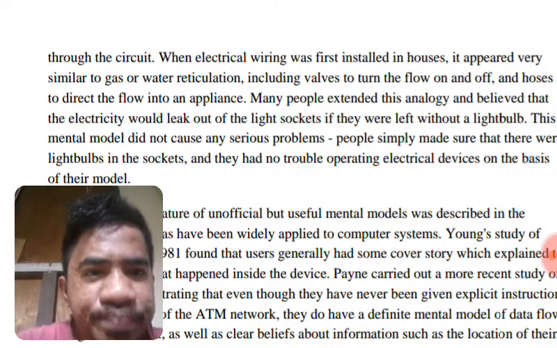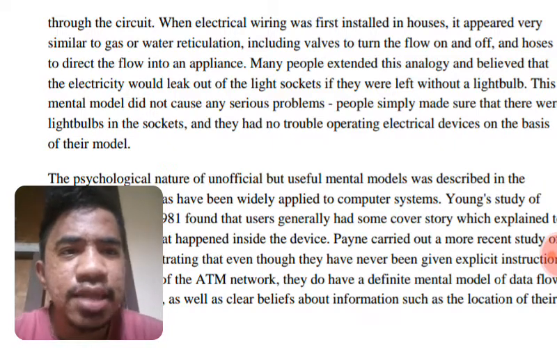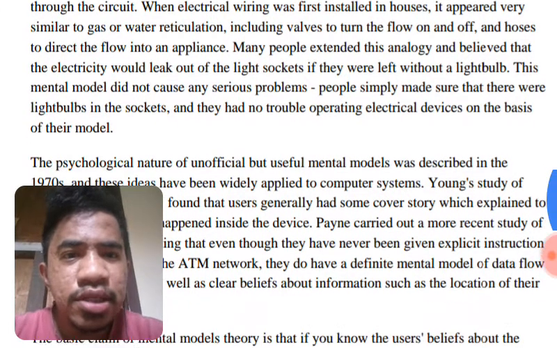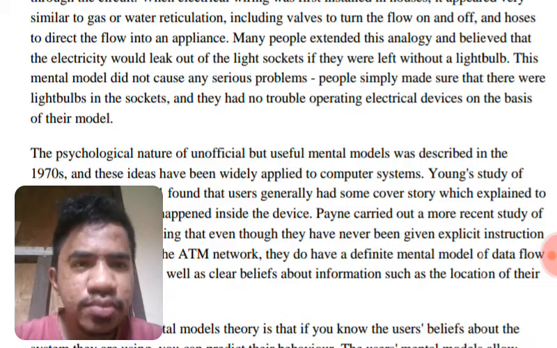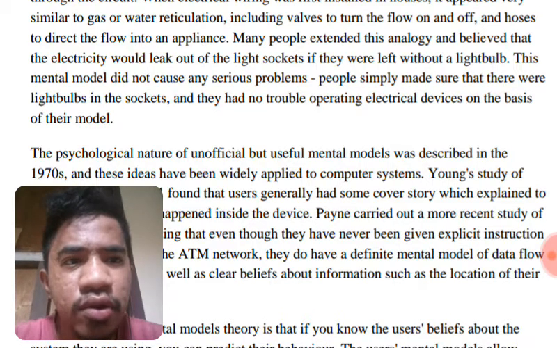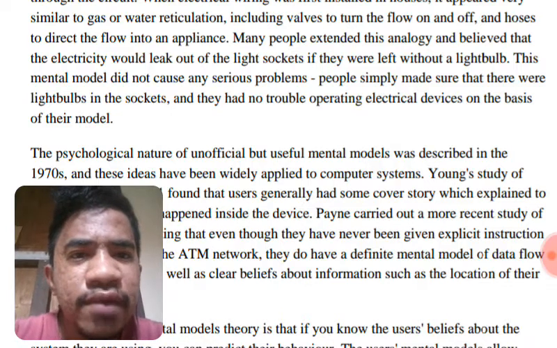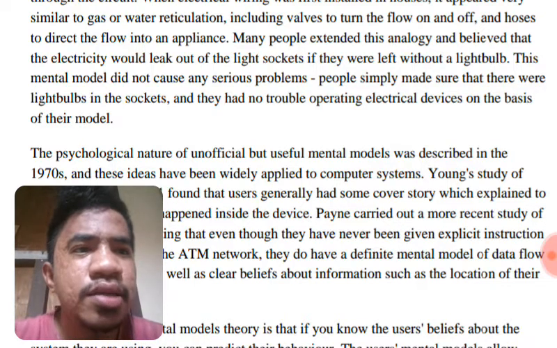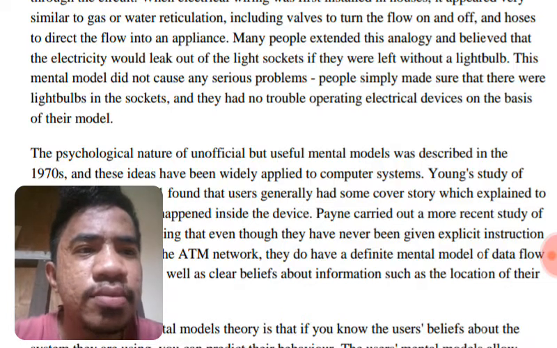When electrical wiring was first installed in houses, it appeared very similar to gas or water reticulation, including valves to turn the flow on and off, and hoses to direct the flow into an appliance. Many people extended this analogy and believed that the electricity would leak out of the light socket if it were left without a light bulb.